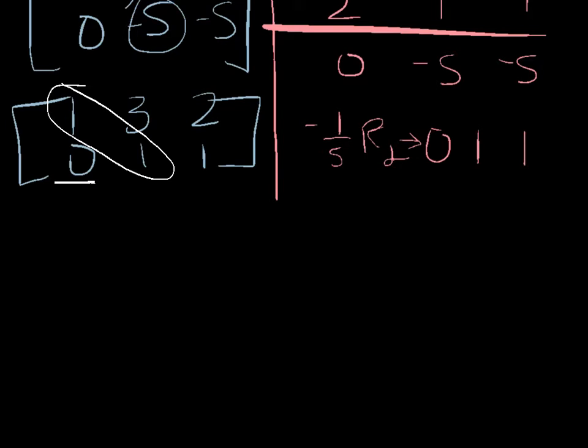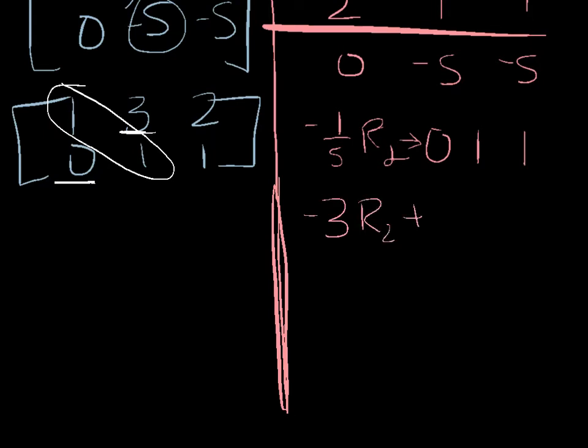Now I want to make this other 3 a 0. That's what Gauss-Jordan elimination does. So I'm now going to work backwards, and I'm going to use my row 2 to eliminate that 3. So how can I use this 1 to eliminate that 3? I'm going to multiply my row 2 by -3, and then add that to row 1.